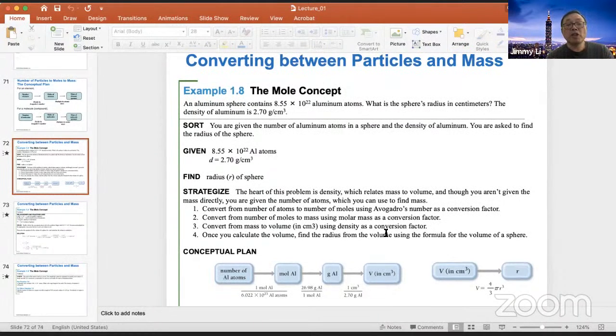That spherical shape, 4/3 pi r cubed, equals your volume. So the key is to convert to grams first, take grams over density to get volume, and from the volume, convert to radius. It's a very tedious conversion here. Let me leave that 30 seconds to you. This is probably the longest and the hardest conversion in chapter 1 here.